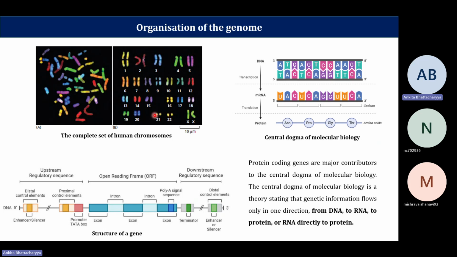I think 21 is the smallest, but 22 was also pretty small, and it was the first chromosome that was sequenced in humans.